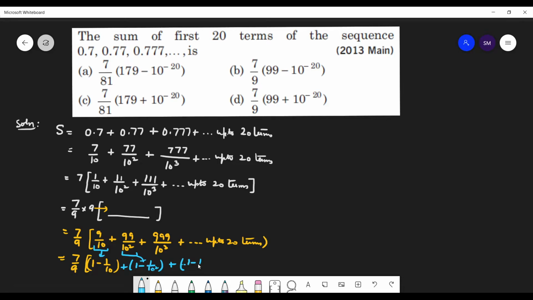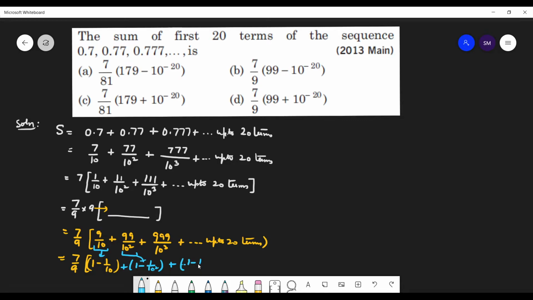So why not multiply 1 by 9 inside? We did it yesterday also, same thing. Never solve what is inside. So minus minus will be plus 1 upon 10, it will become 10 raised to the power minus 20.